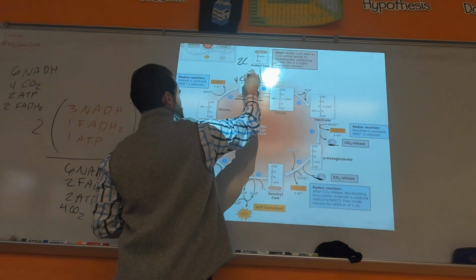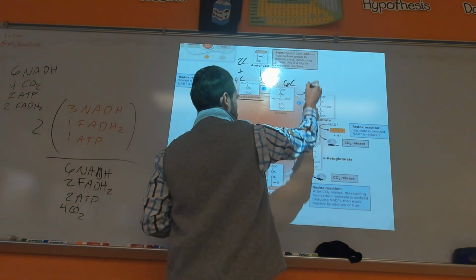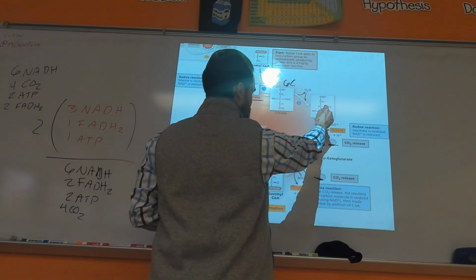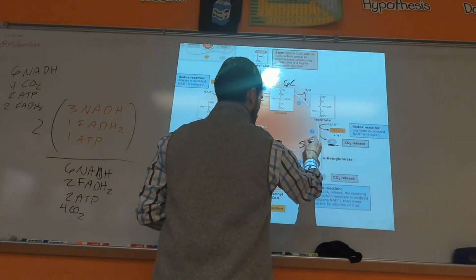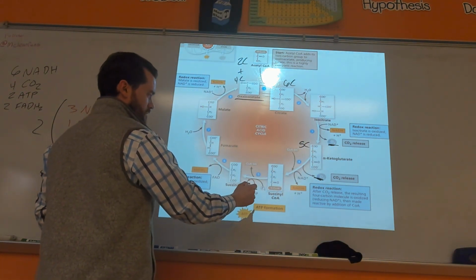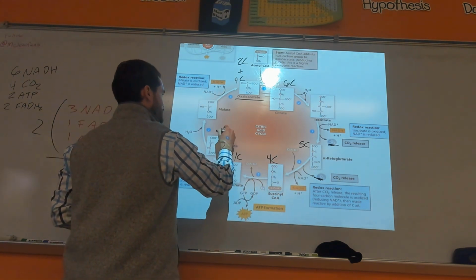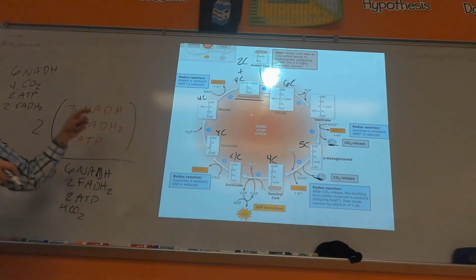Then we release CO2, so we drop to a 5-carbon sugar. We lost another CO2, so now we're a 4-carbon sugar, 4-carbon, 4-carbon, 4-carbon, and you don't become 6-carbon again until you meet back up with the acetyl CoA.